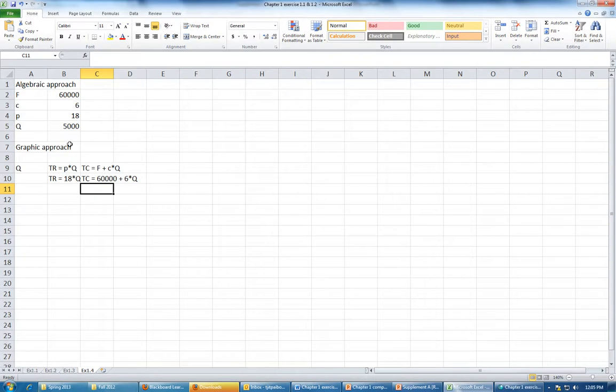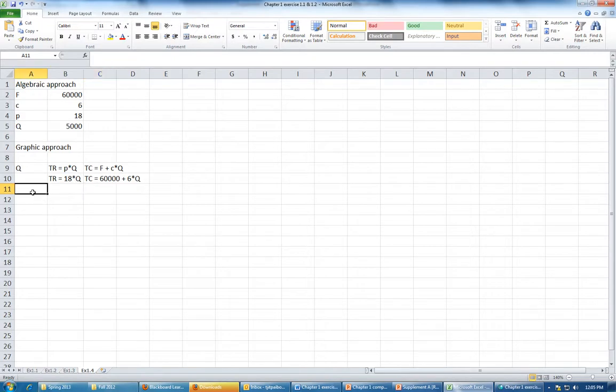Okay, now once we have the formula, then we can identify two points. The first point recommended is 0. The second point should be something beyond the break-even point, so it should be something beyond 5,000. 10,000 is good.